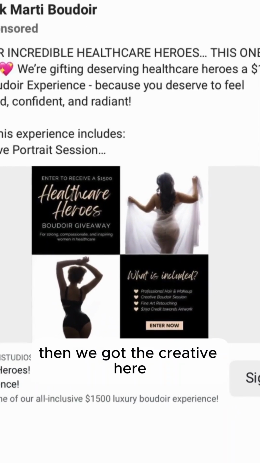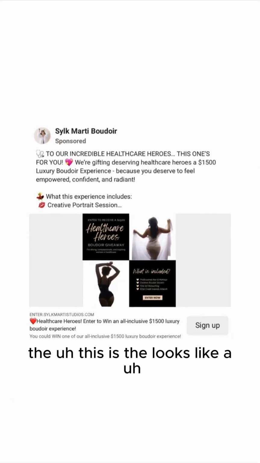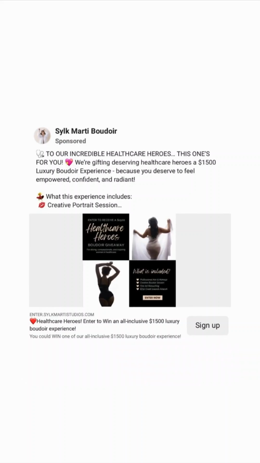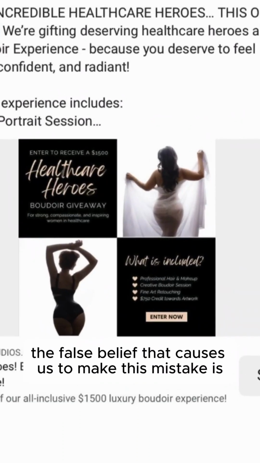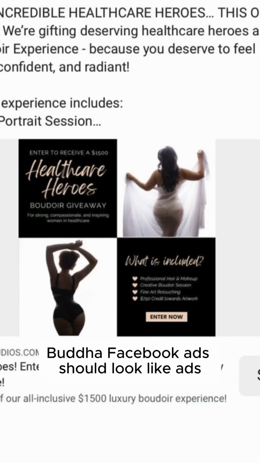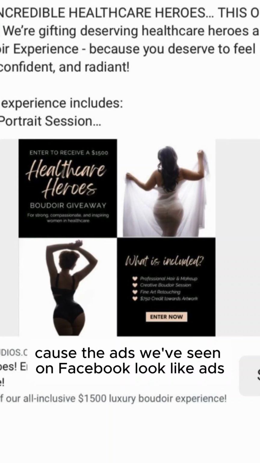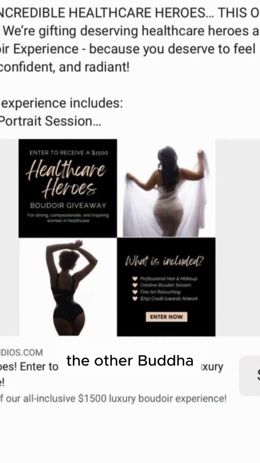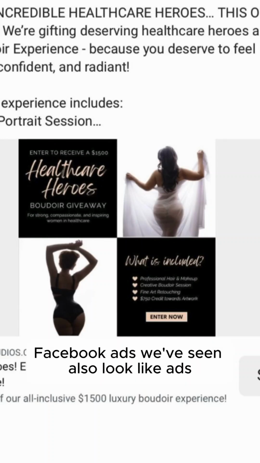Then we've got the creative here. This looks like an ad mistake. The false belief that causes us to make this mistake is that we believe our Boudoir Facebook ads should look like ads because the ads we've seen on Facebook look like ads. The other Boudoir Facebook ads we've seen also look like ads.